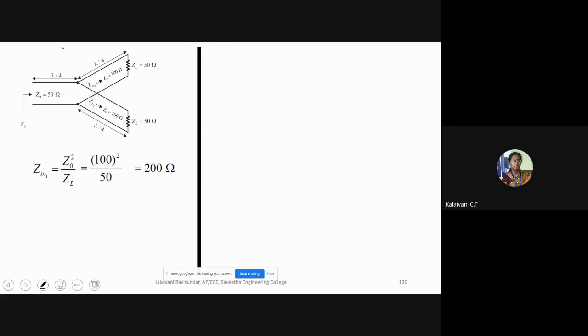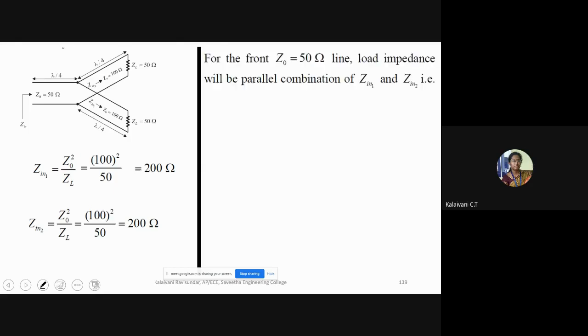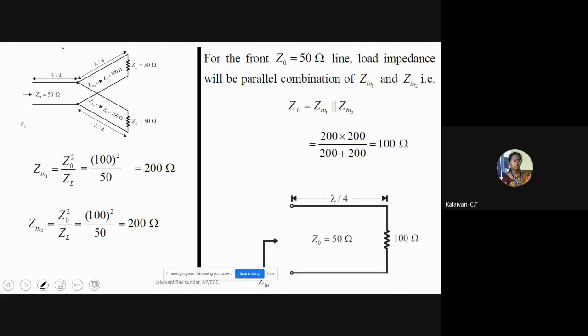So Zin2 is also the same, 200 ohms. Now, these two are in parallel, so Zin is Zin1 parallel with Zin2: 200 into 200 divided by 200 plus 200, which is equal to 100 ohms.